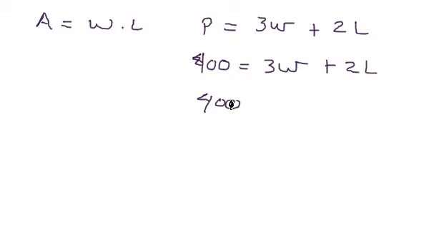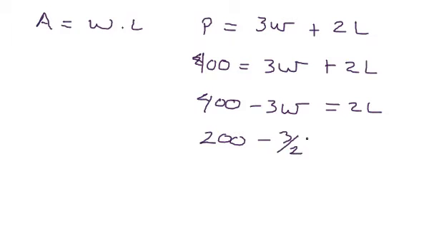So 400 minus 3W is equal to 2L, and then we're going to multiply through by a half all the way across, so this becomes 200 minus 3 over 2 W is equal to L. There we go.